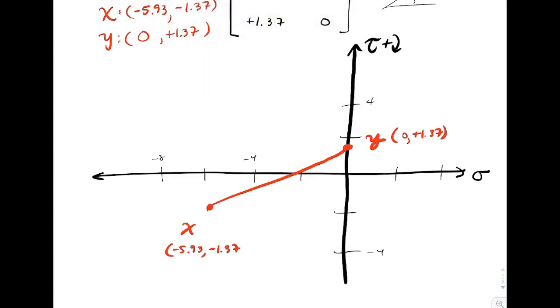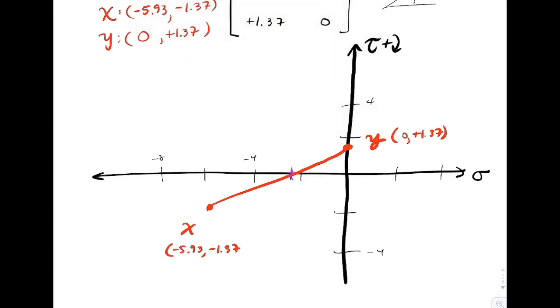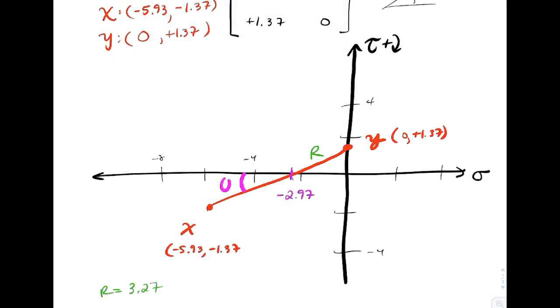So we would be able to figure out the radius and the center. I'm just going to skip a step or two, but just calculating it, we get minus 2.97 for the center. We'd end up with an R, R would equal 3.27. Good to have yourself check on that. And I'm going to highlight the pink theta right here.